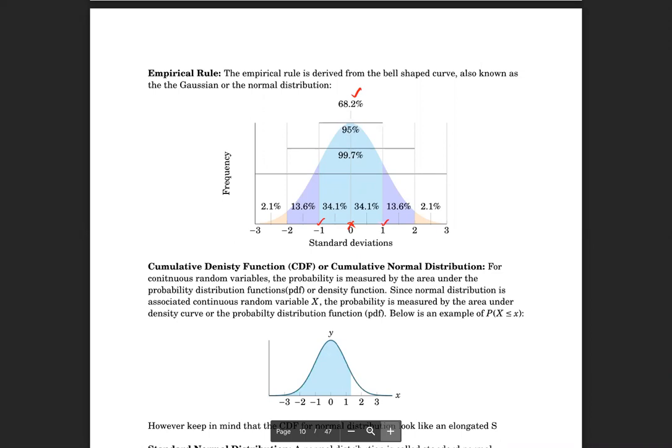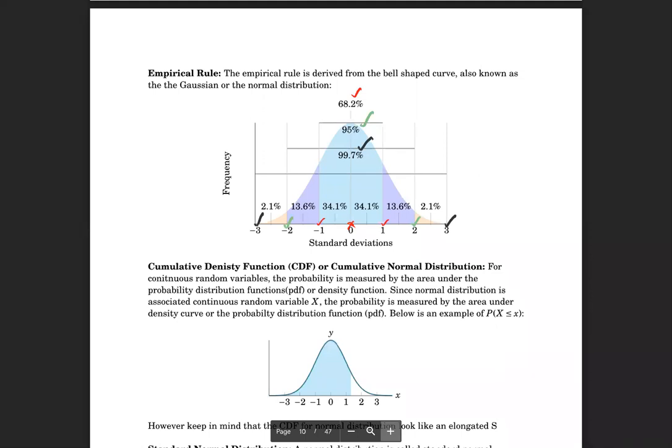If you move 2 standard deviations to the right and 2 to the left from the mean, you'd include roughly 95% of the total data. If you move 3 standard deviations to the right and 3 to the left, you'll include roughly 99.7% of the total data. That's what you do.